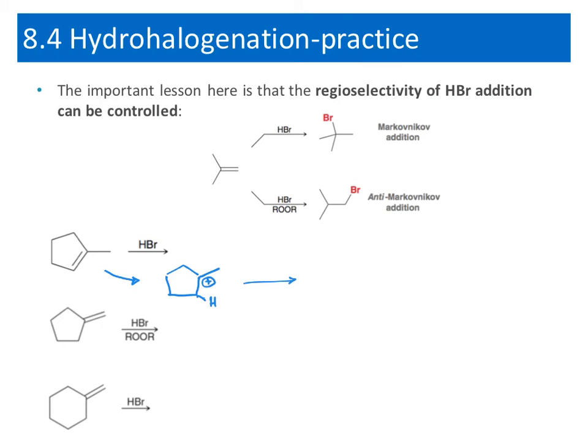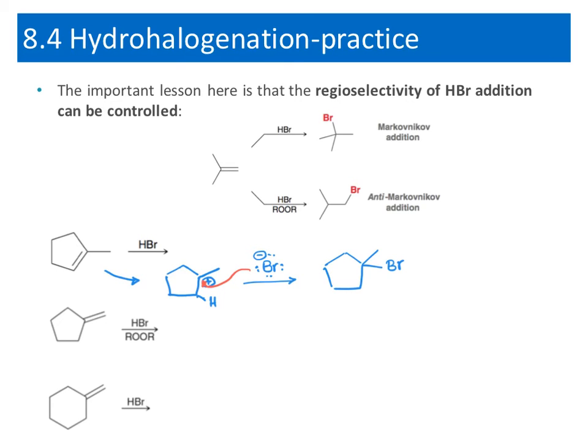Then in the next step, bromine will act as a nucleophile and attack the carbocation to form this product. Now, do I get a racemic mixture? Do I need to show stereochemistry here? No, because this carbon is not a chiral carbon. So this is the only product that we can get.